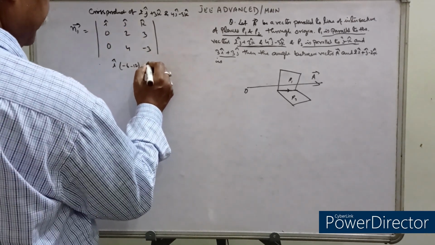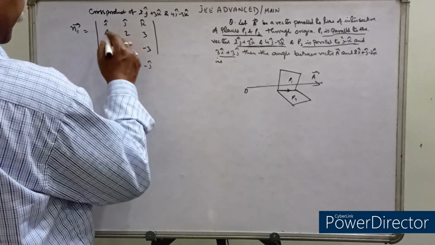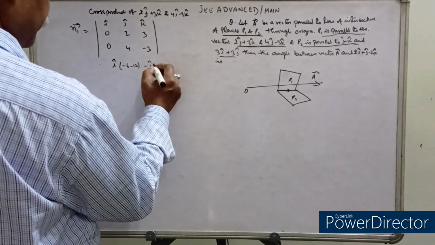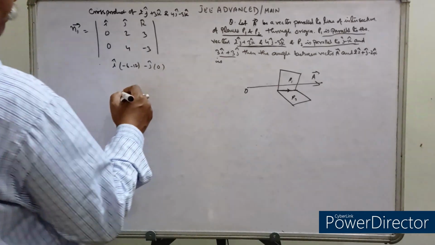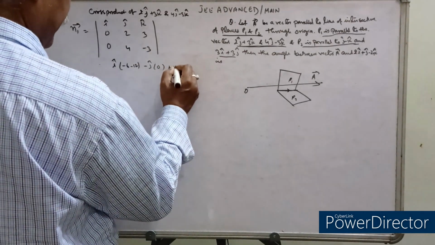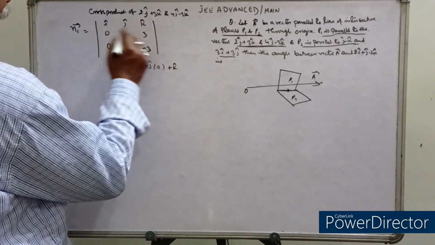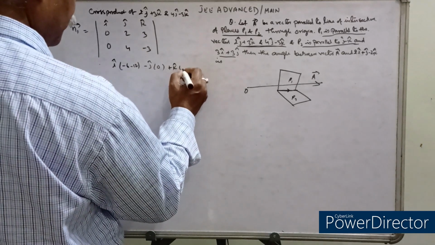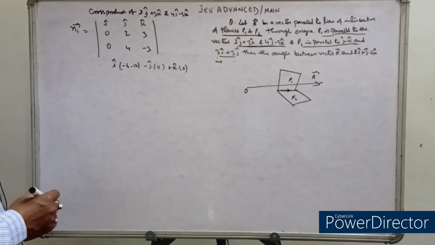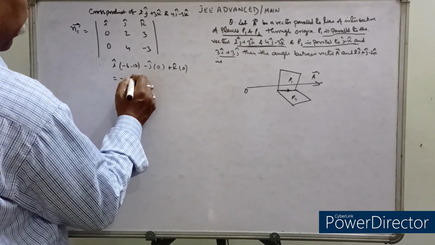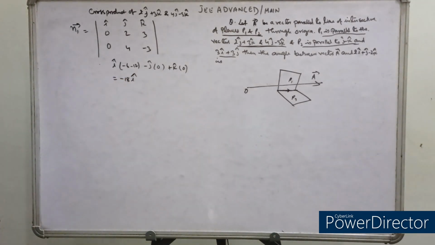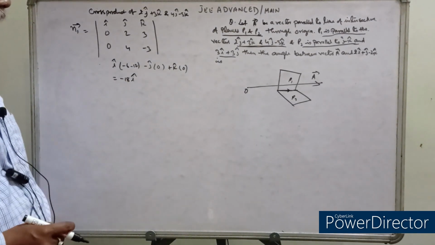Now minus j cap, this will be 0, and last is k cap, which is also 0. So this comes out to be minus 18 i cap. So your n1 vector comes out to be minus 18 i cap.